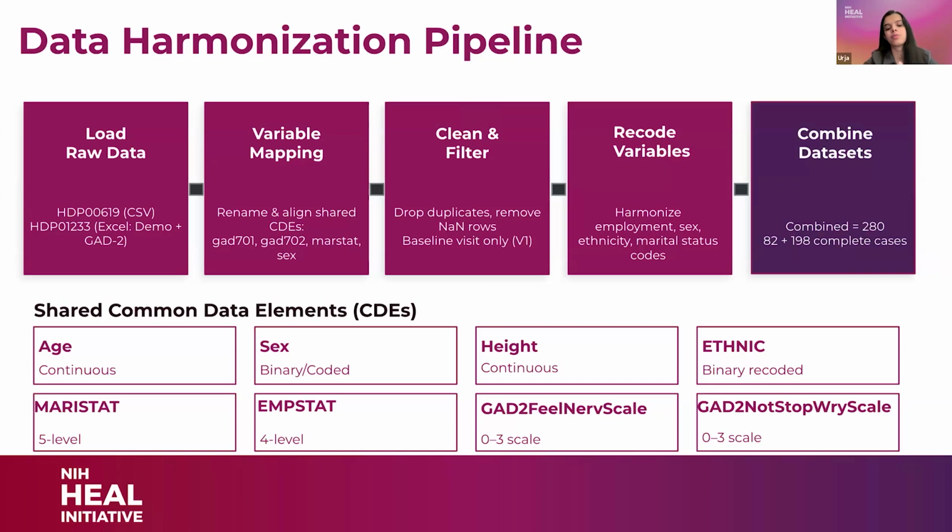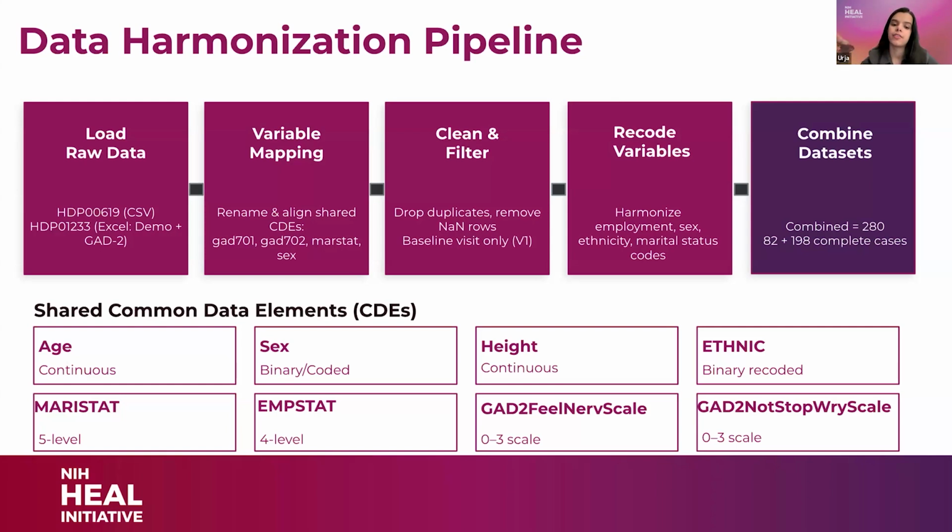Okay, so merging the two independently collected data sets required careful work. We built a pipeline that loaded raw data from both studies and renamed and aligned shared CDEs, cleaned the duplicate and missing records, and then combined everything into a single data set of 280 participants.